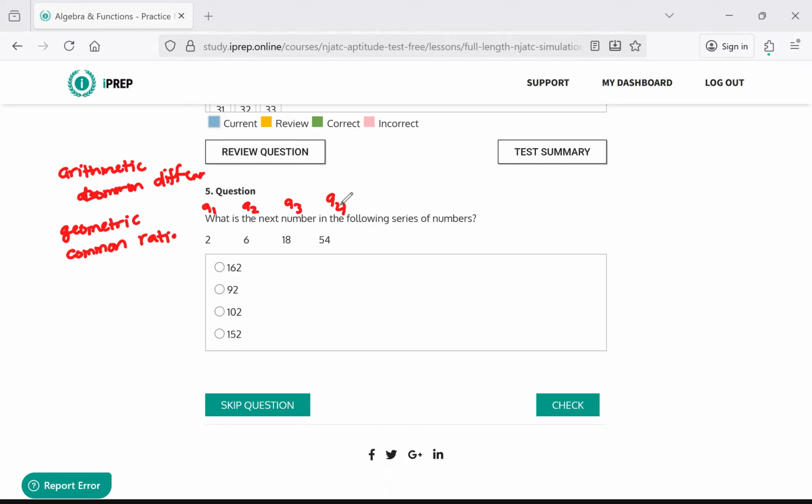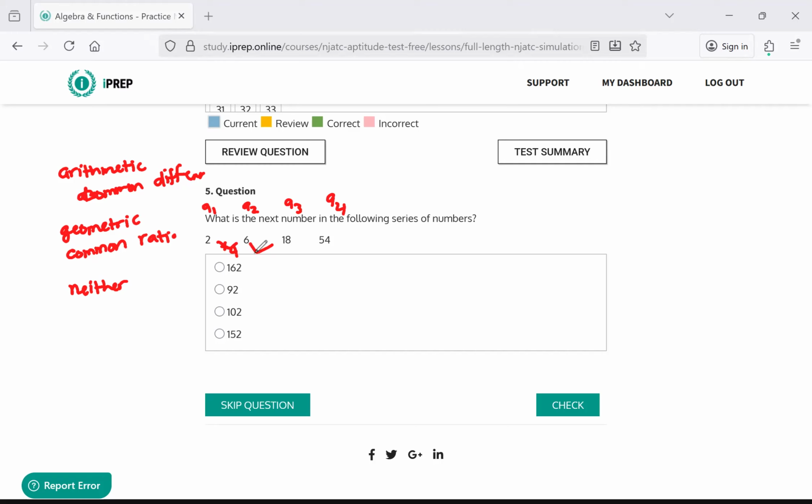I don't think it's going to be arithmetic or geometric. Sometimes you're going to have neither, and you just have to figure out a pattern. Why do I think it's not arithmetic? Because from 2 to 6, what did you have to add or subtract? 4, right? To get from the first term to the second, you had to add 4.